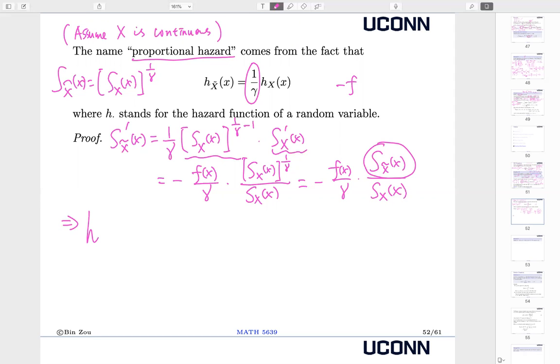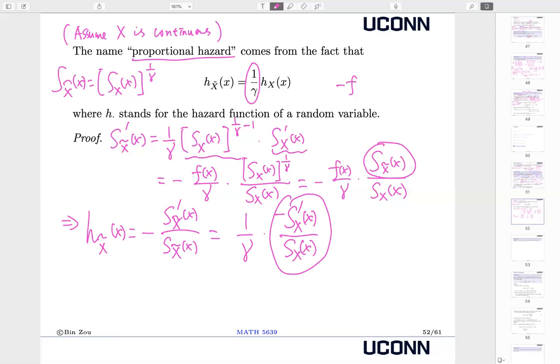My new hazard function is defined as the negative of the derivative divided by itself. So the negative cancels, and it will be 1 over gamma times, no, we should actually keep this negative, divided by the survival function.